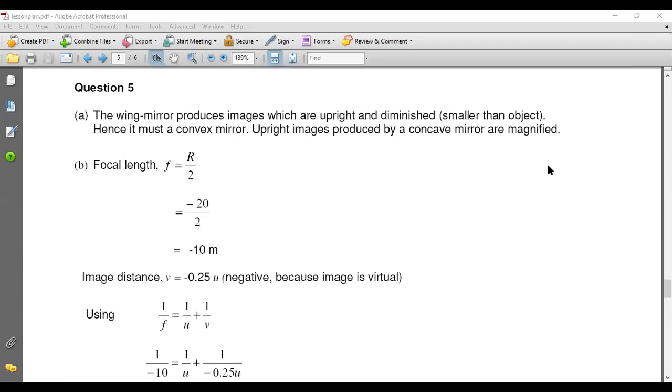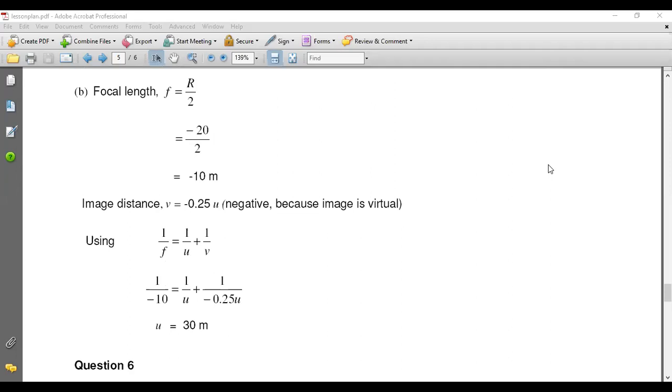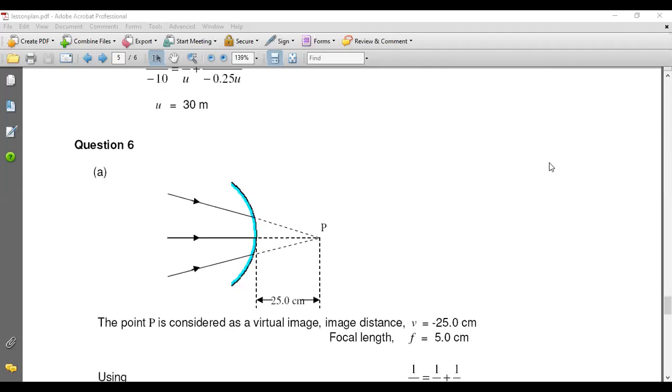Answer for question number 5. Answer for question number 6.